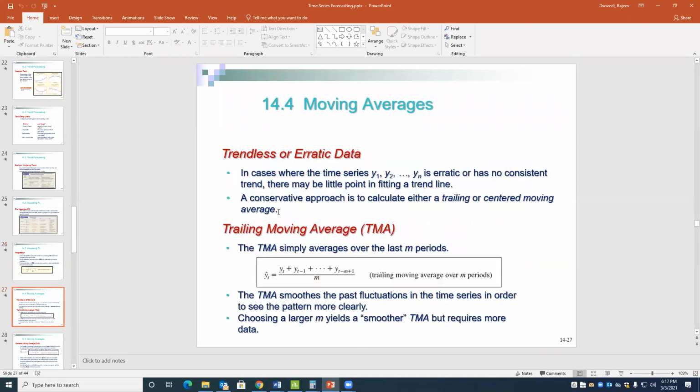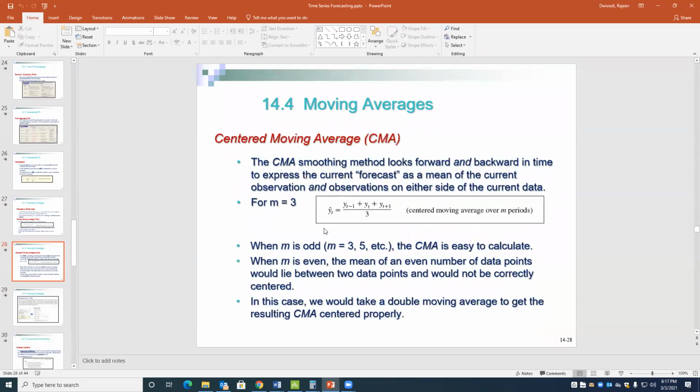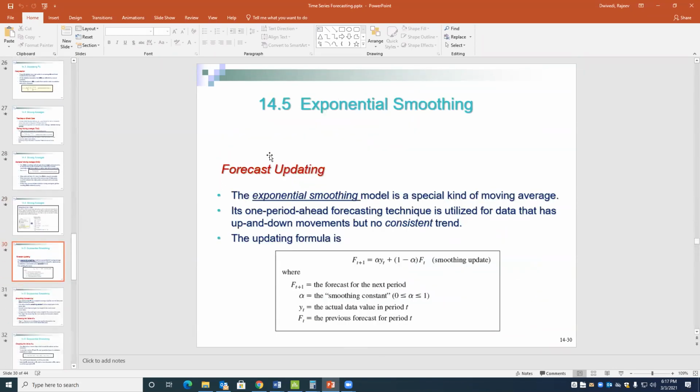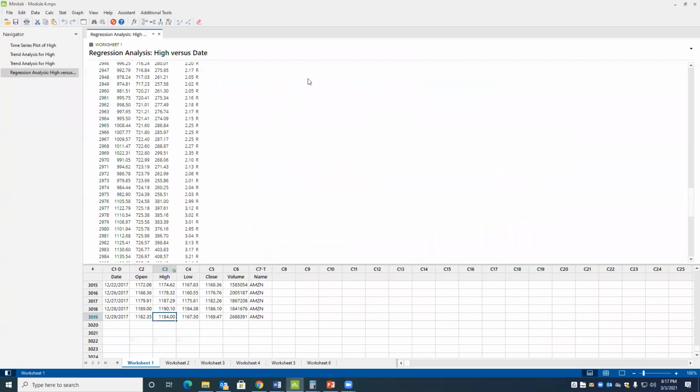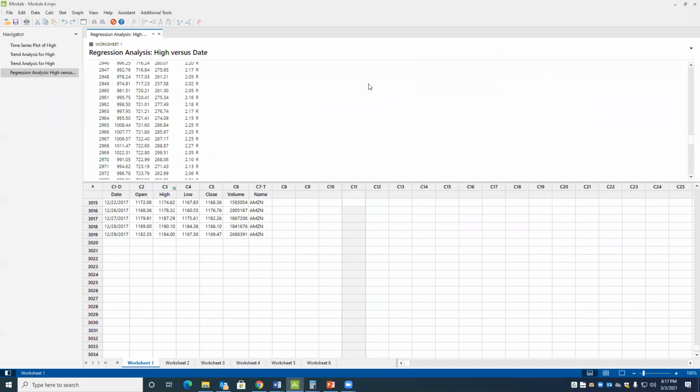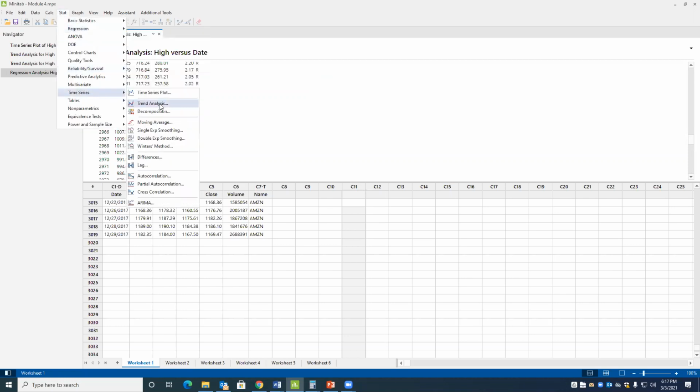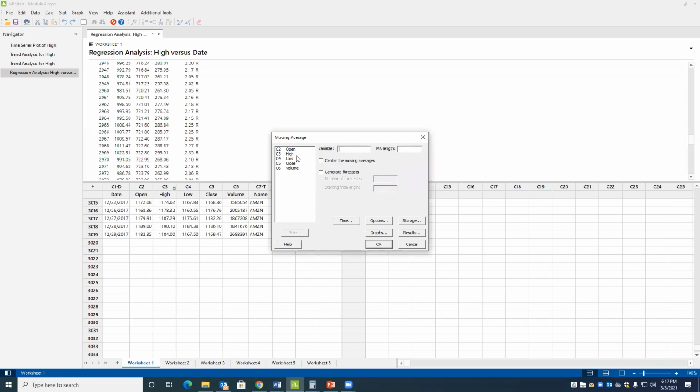So this is the trend analysis. There are other methods, for example, let me do a moving average or some other method here. Under stat, time series, moving average, let's say moving average of 5. And generate forecast for 365 days, and you will see exactly the same number from the starting point.